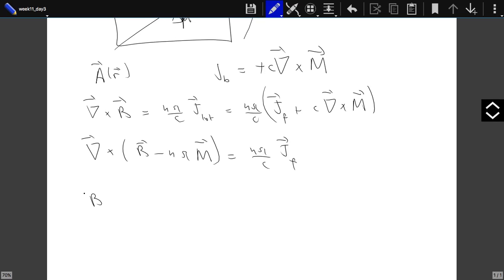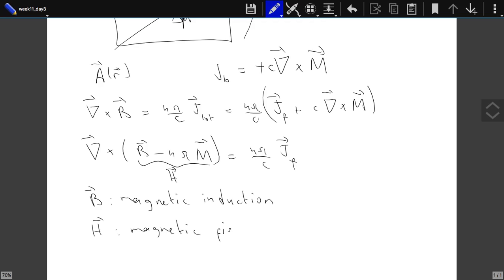Now, just the naming: B is called the magnetic induction, and this quantity, which we called H, is the magnetic field intensity.